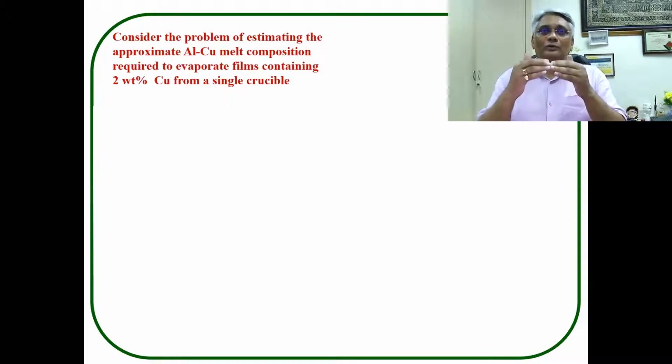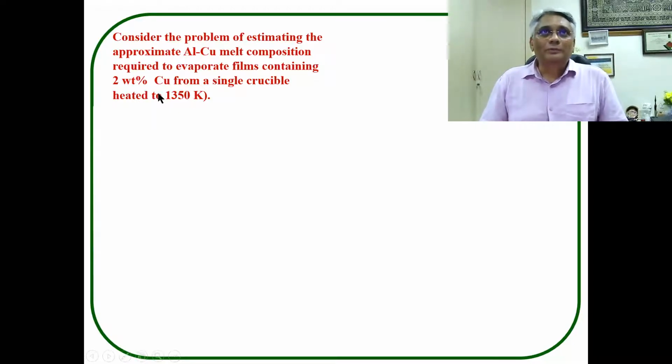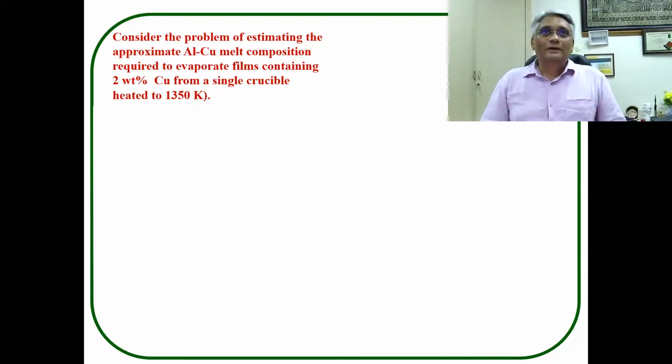I need to evaporate and get a thin film of this aluminum copper composition. And so the problem here is the estimation of the approximate aluminum copper melt composition required to evaporate films containing 2 weight% of copper. That means 98 weight% of aluminum from a single crucible. I'm not using 2 different sources. I'm using a single source, right?